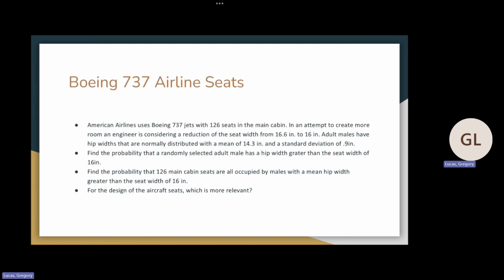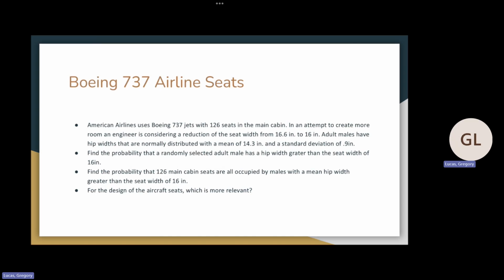So let's look at an example. Boeing 737 airline seats. American Airlines is using Boeing 737 jets with 126 seats in the main cabin. In an attempt to create more room, an engineer is considering a reduction of the seat width from 16.6 inches to 16 inches. Adult males have hip widths that are normally distributed with a mean of 14.3 inches and a standard deviation of 0.9 inches.